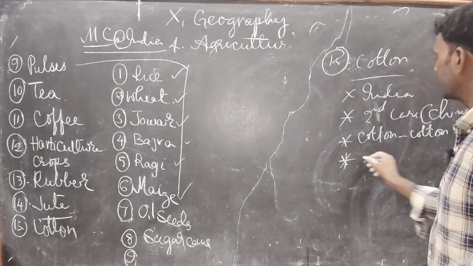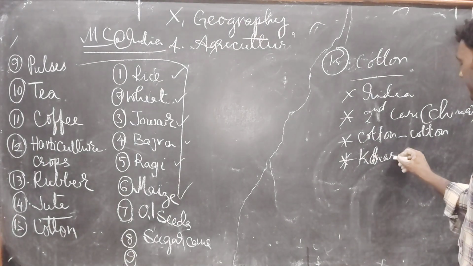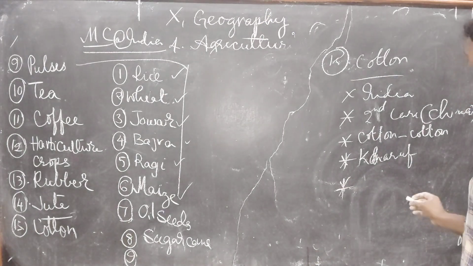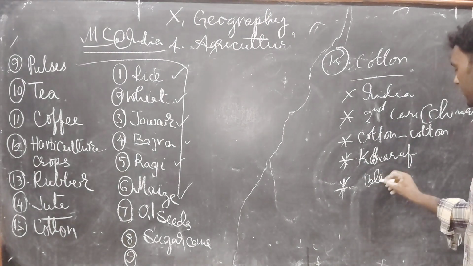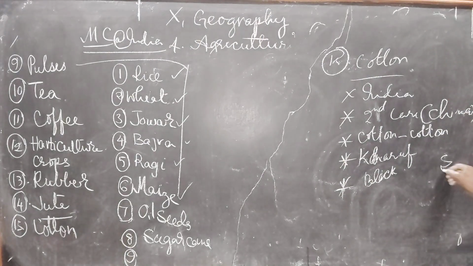One more thing, it is a kharif crop. It grows particularly in black soils. Where are these black soils located? In India, these black soils are located in Gujarat, Maharashtra, and the Deccan Plateau area.